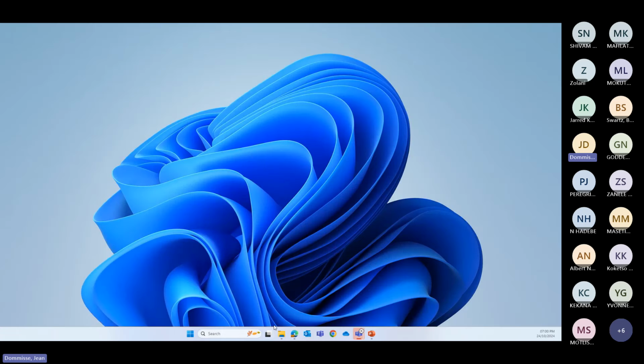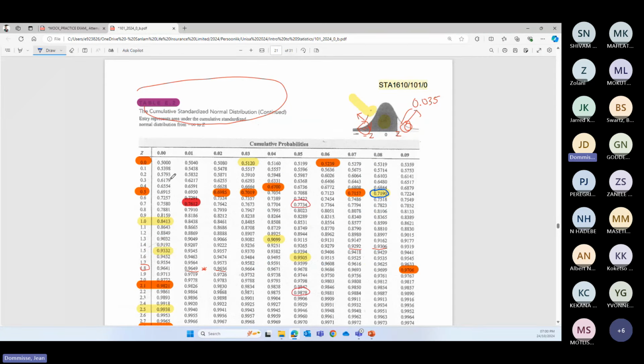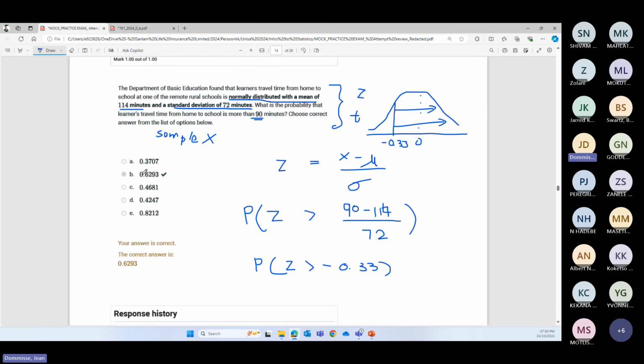So 0.33 is 0.6293. Or we could have said, let's get this area and then say 1 minus that area.